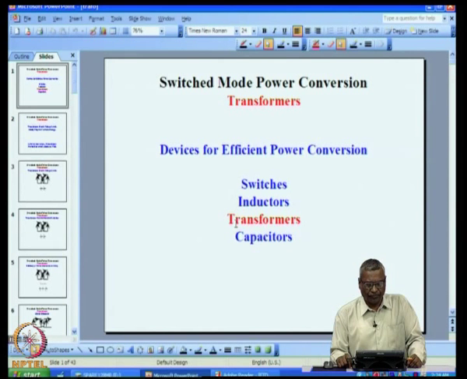Transformers also come under the same category as electromagnetic elements, just like inductors. The transformer has an electrical circuit and also a magnetic circuit, and the electrical circuit and the magnetic circuit are coupled to each other.